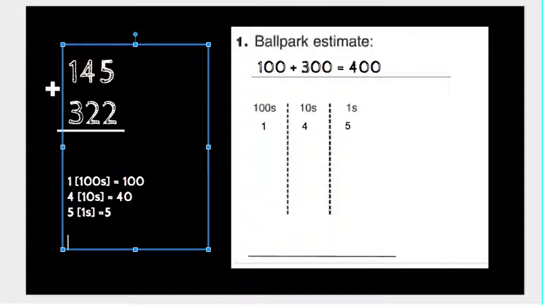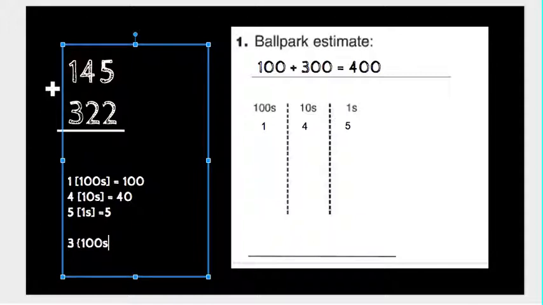In the number 322, I have 3/100ths, 2/10s, and 2/1s. 2/1s is equal to 2, 2/10s is equal to 20, and 3/100ths is equal to 300.